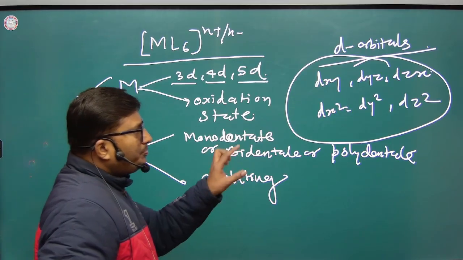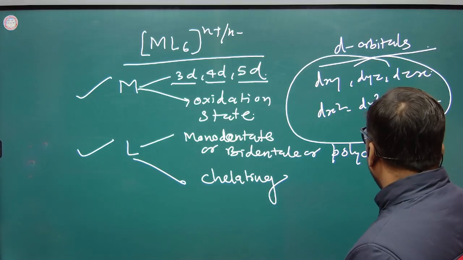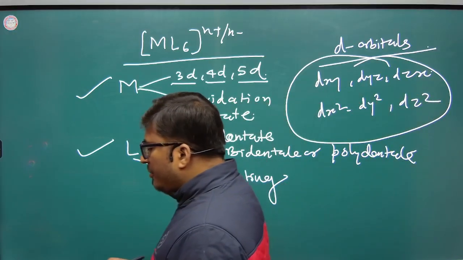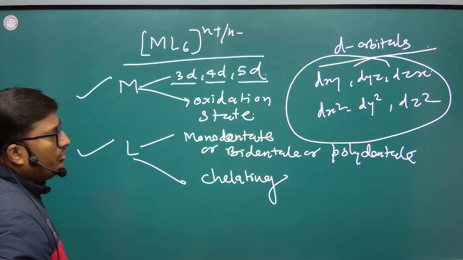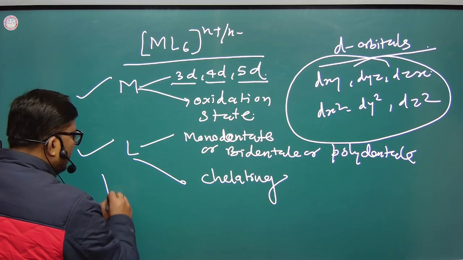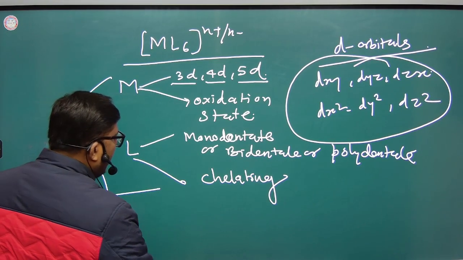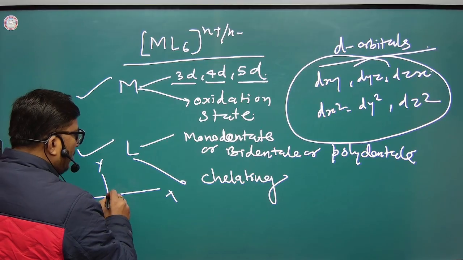How these different orbitals look and how they form complexes with different ligands will be discussed. First, see what we mean by dxy. This is the x-axis and this is the y-axis.